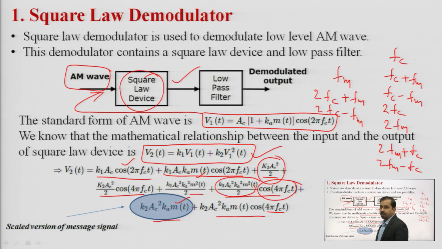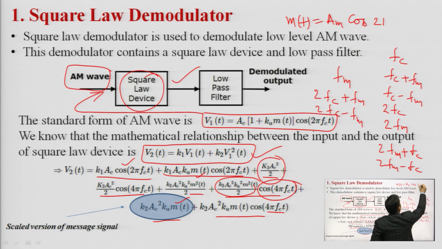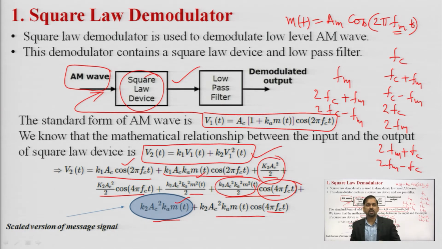Now we need to select the frequency of our interest. Our interest is to achieve our message signal back. Our message signal m(t) is Am cos 2 pi fm t, so our interest is to achieve the frequency Fm, but we have these frequencies available.